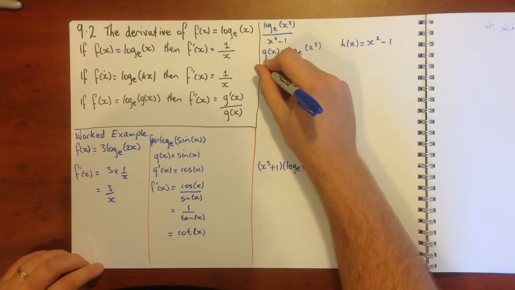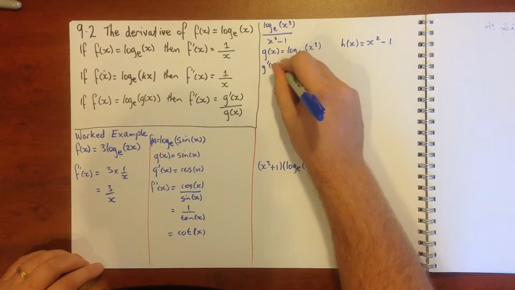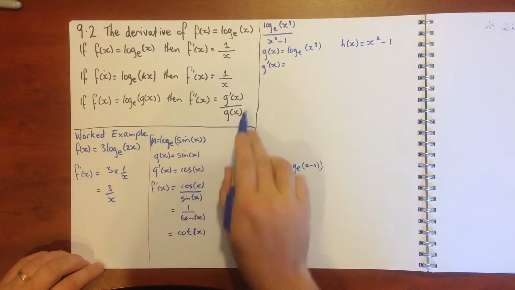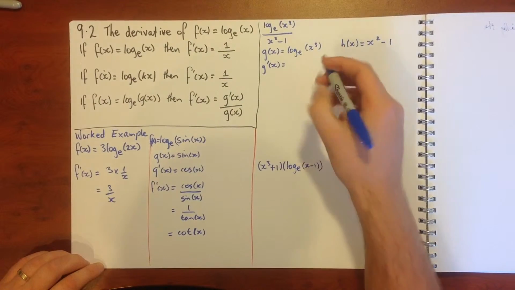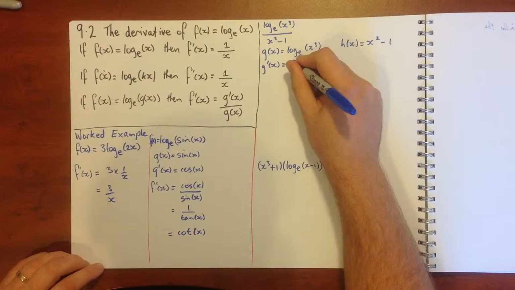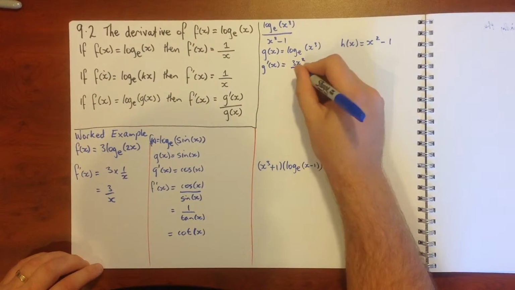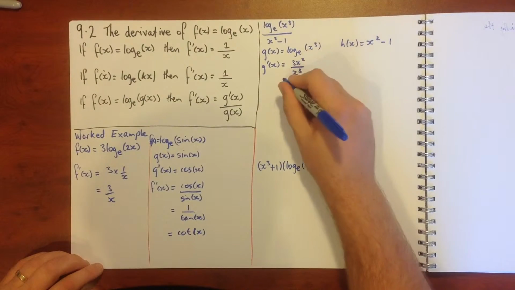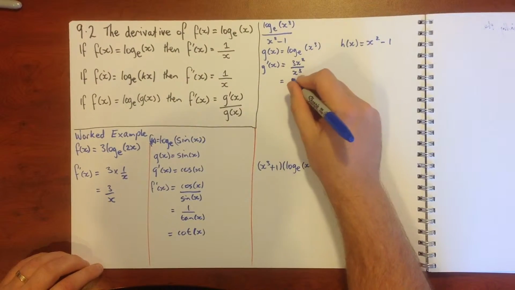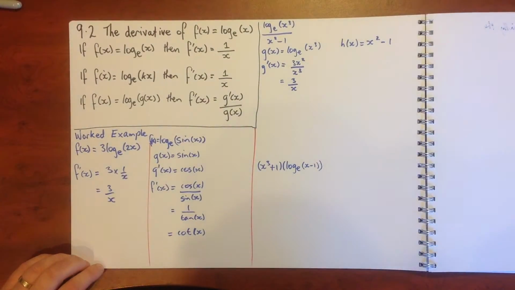Take our derivative of each of them. g dash of x is going to be the derivative of this part, which is 3x squared, over that part, which is x cubed. That's going to cancel down to be 3 on x, as we're cancelling out some x squareds there.